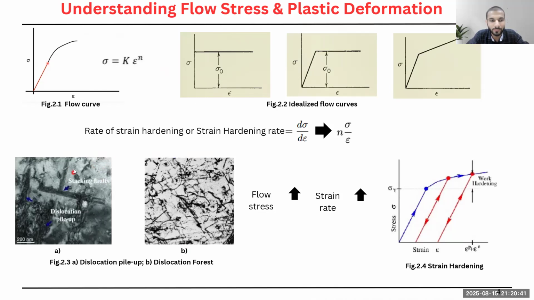Here you can see in this figure, the dislocations pile up along the slip planes. You can assume it is like a traffic jam along certain slip planes. And in this second figure, you can observe that a dense network of dislocations forms along the grain boundaries, and this is known as a dislocation forest. As I already discussed, as you increase the strain, the flow stress will also increase, and this concept is nothing but strain hardening. Now let us move ahead.